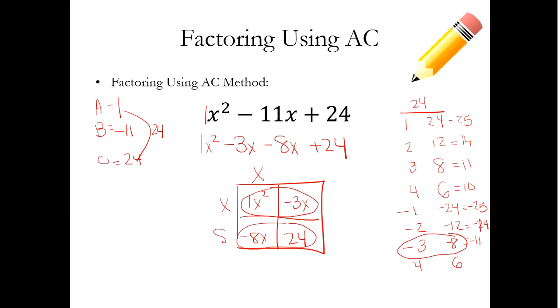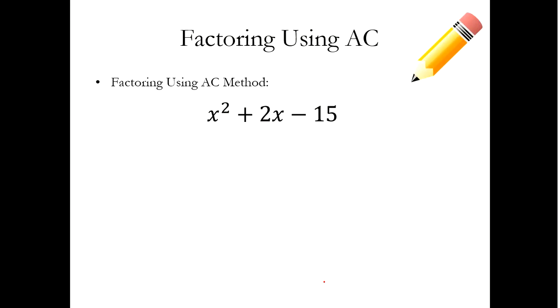Looks like 8. And 8 times x, though, would just be 8x. So I think I need a negative there, because negative 8 times x would be negative 8x, right? And then negative 8 times something needs to give me 24. So 24 divided by negative 8, that's negative 3. Negative 3 times x, that's negative 3x, right? So my answer would be x minus 3, x minus 8. Got that one done.